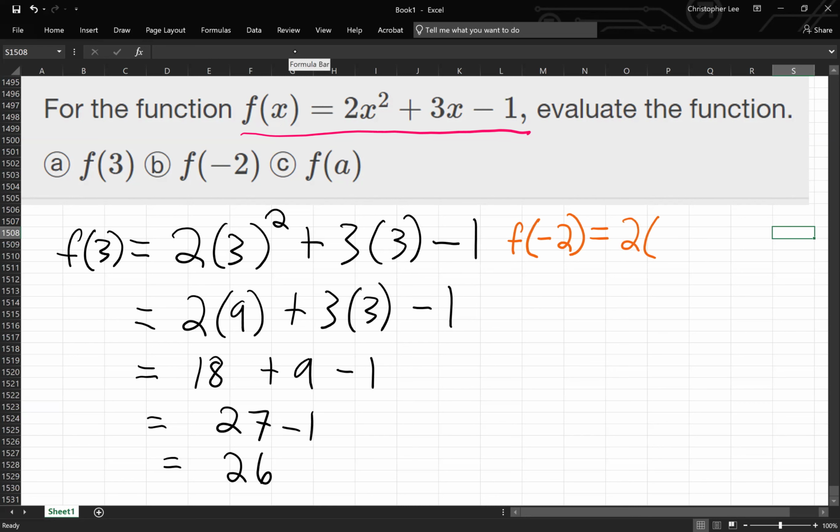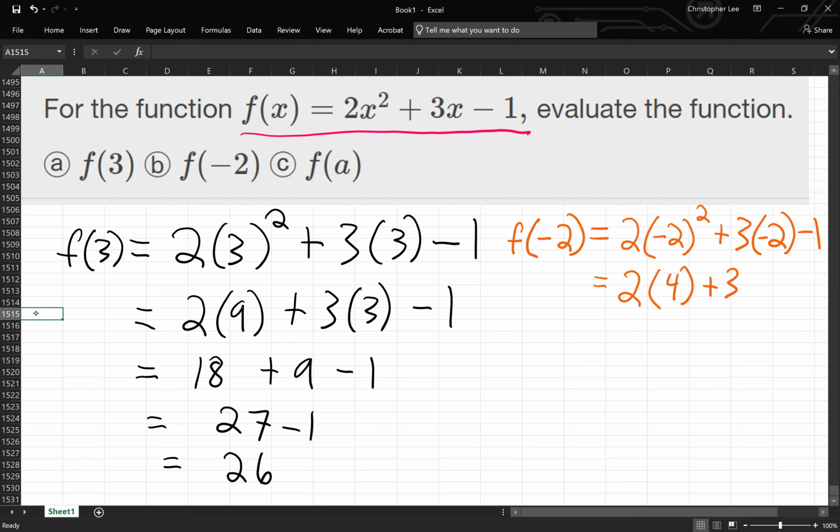Perfect. Minus 1. Perfect. That's well done. So let's do the math on that. This becomes 2 times negative 2 squared, which is 4, plus 3 times negative 2 minus 1.